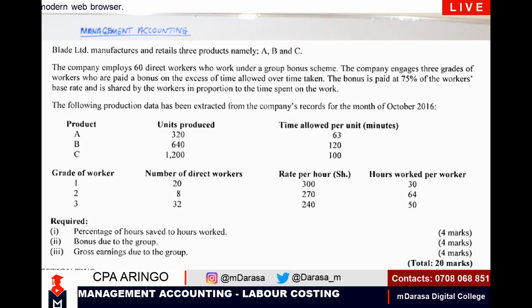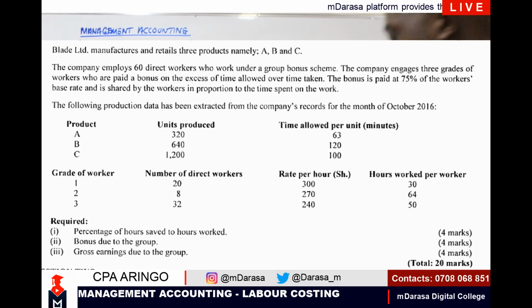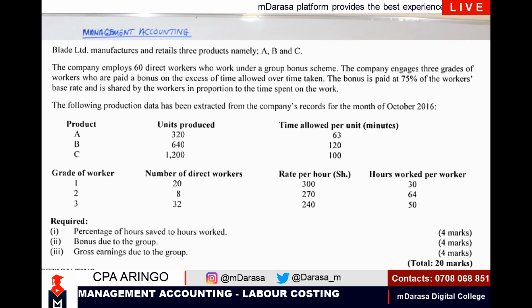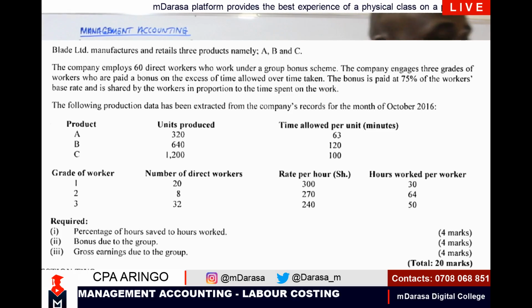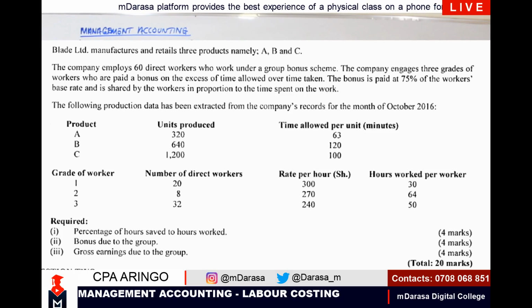So, working it out, we are going to take product A, B, and C, as you can clearly see there. Then I'm having units produced.